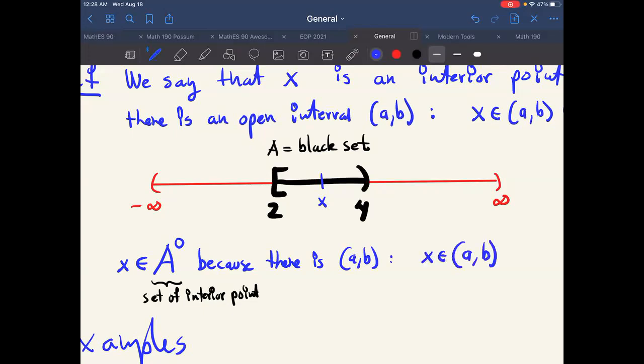That's my envelope. That envelope is inside the black set A.